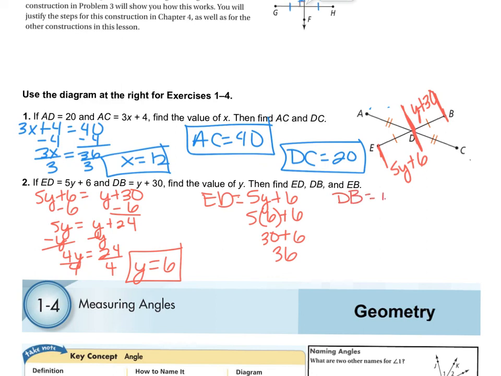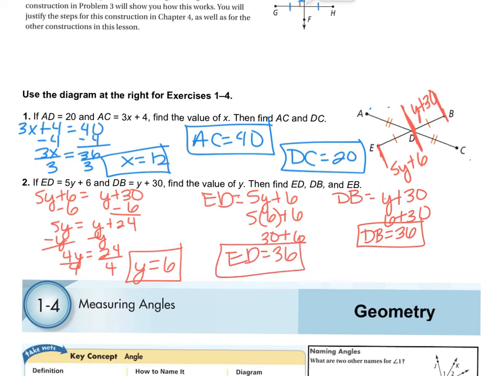Hopefully it is. So y plus 30 would be 6 plus 30, 36, check. So DB equals 36 and ED equals 36. So the whole way across, EB should equal 36 plus 36, which is 72. So EB equals 72.